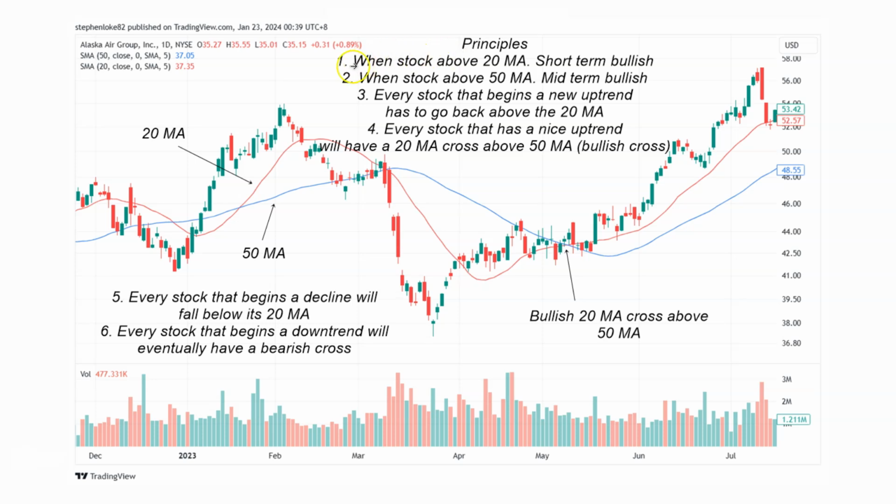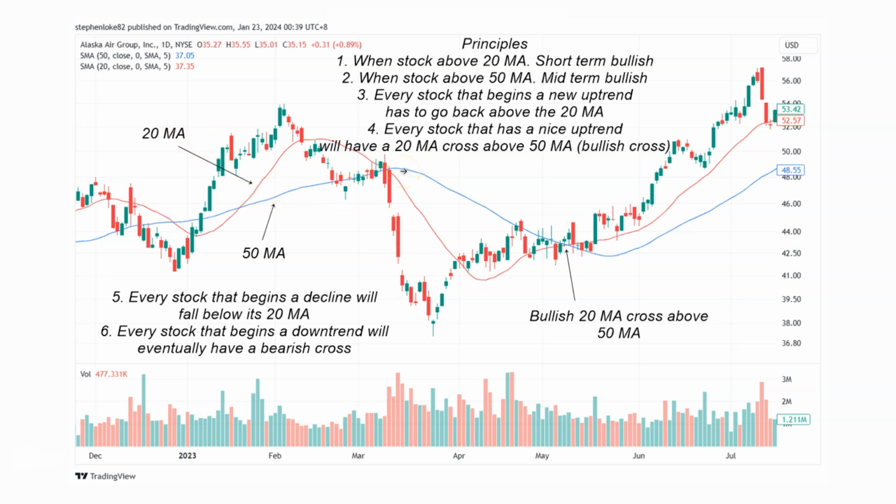So principle number 1 is when the stock is above the 20 period moving average, it means that it's short-term bullish. Now I have with me here two lines. One is the red line, which you can see here, and the other one is the blue line here. I've labeled them so that it's easy for you to spot the 20 MA and the 50 MA.